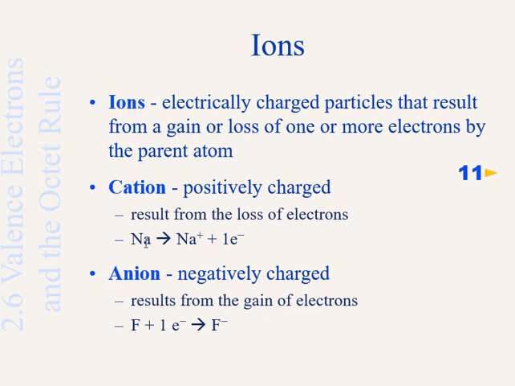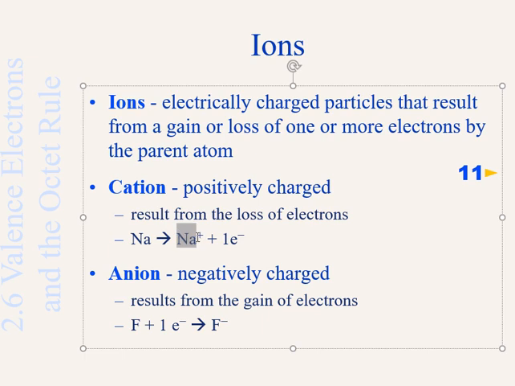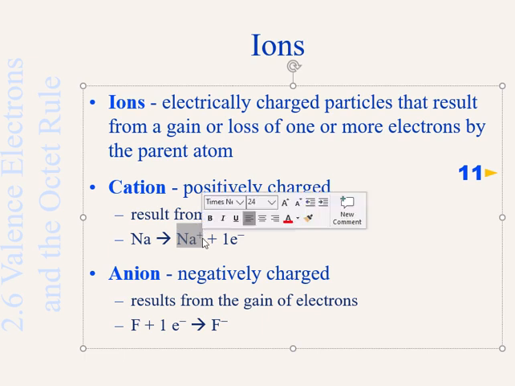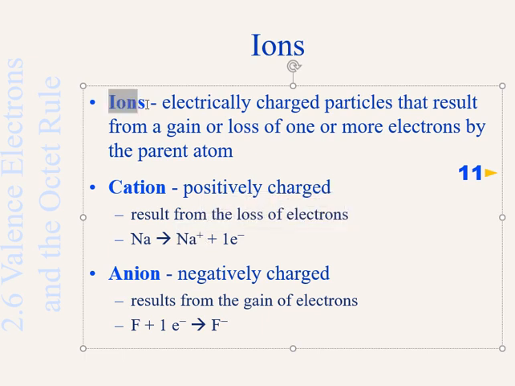Whenever an atom loses electrons, it gets turned into a positively charged species, which we call an ion. Ions are electrically charged particles that result from the gain or loss of one or more electrons by the parent atom.